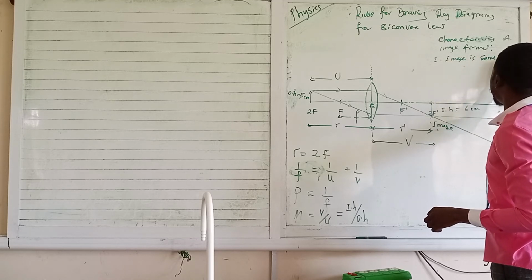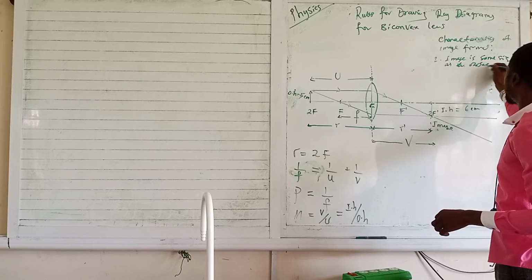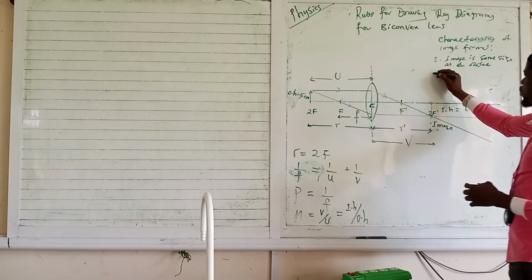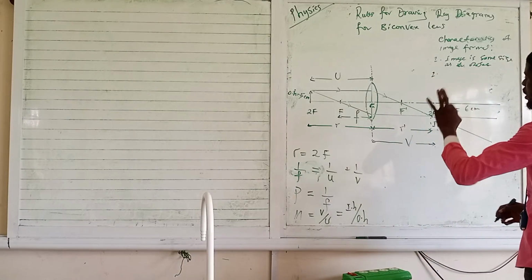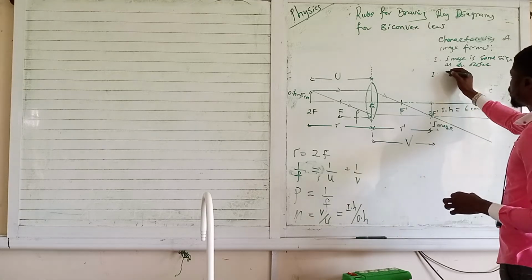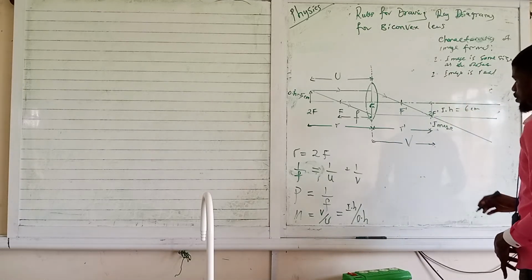Same size as what? The object. Number 2, if you put your screen here, that is where the image will be captured. So the image is what? Real. Image is what? Real.